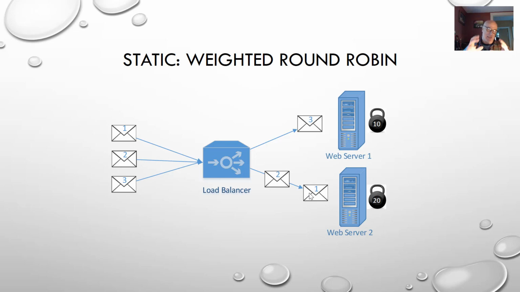So just by knowing that one web server has higher performance than the other, we can weight it. We can send more incoming connections to one web server rather than the other. Once again, this is one of those technologies where the load balancer doesn't know much at all about the web servers, and it makes for a very uncomplicated, very basic scenario.